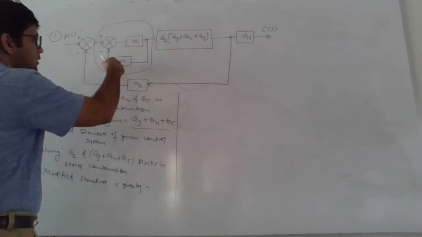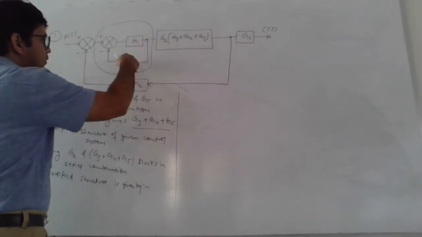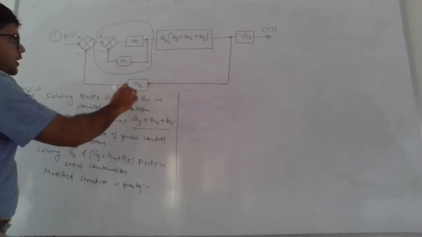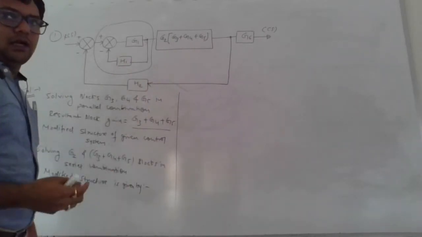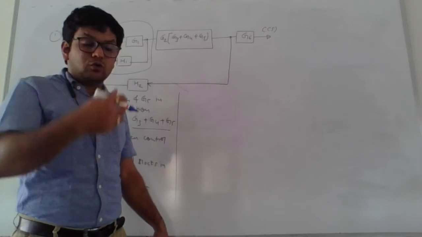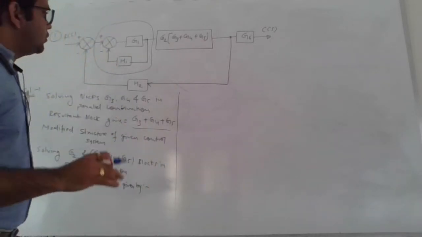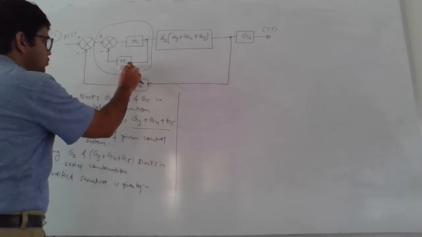That means we are in the position to eliminate this structure, or you can say this closed loop, by a single block. Here we need to apply rule number 3 of BDRT, elimination of closed loop. It may be rule number 3 or it may be rule number 4, but the thing is that we need to apply elimination of closed loop over here.